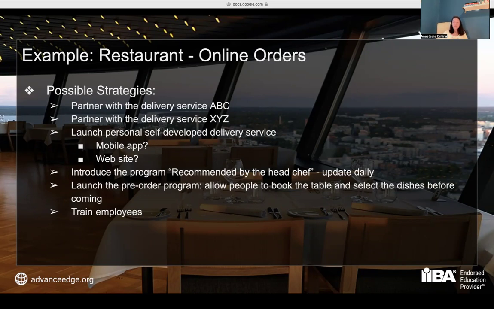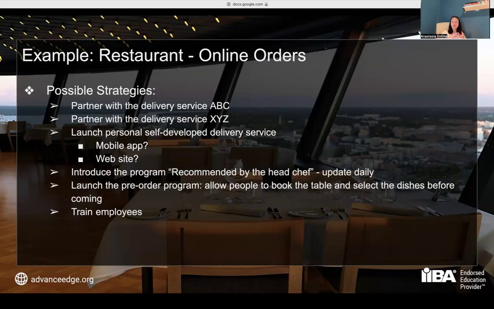Assume currently the restaurant has a website where people can reserve a table, and we want to add a little button there saying, do you already know what you want to order? This is not a mandatory step. People who do not want to do this may skip it, but those who do want to may tell us already what they will be ordering and make a prepayment so that we can predict what they are going to order and buy those ingredients that will be needed. This is an option that can help us improve the predictability of orders, right?